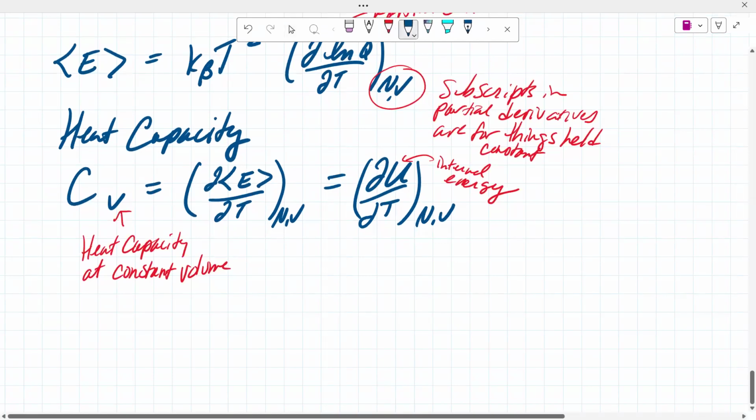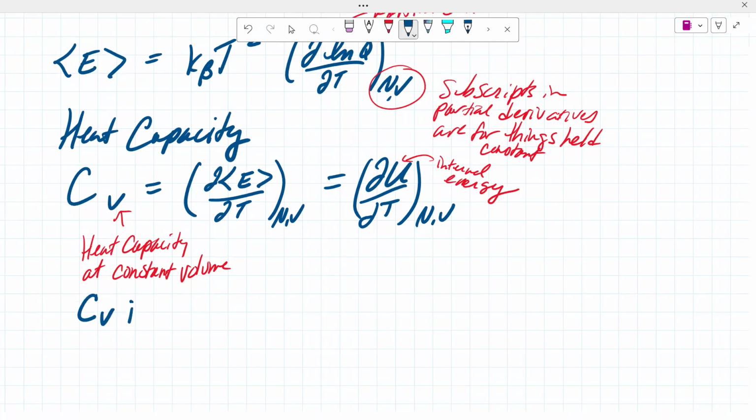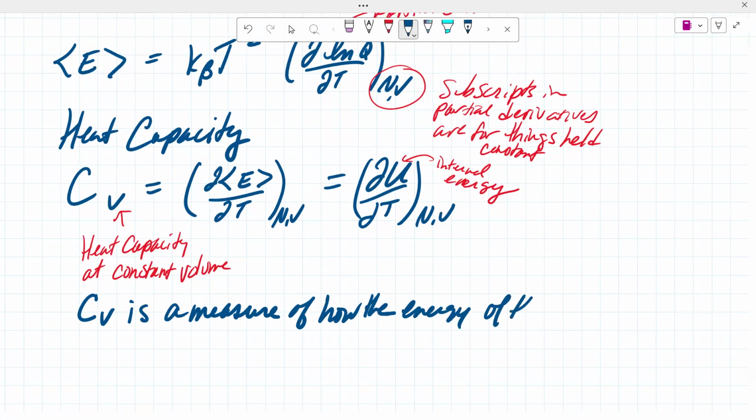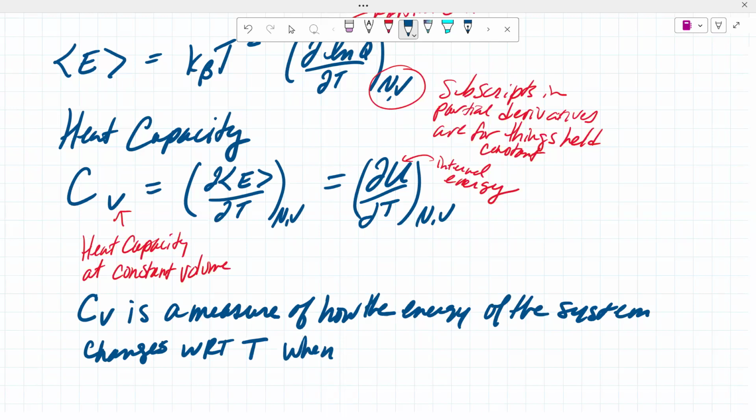Okay, so what is heat capacity? C sub V is a measure of how the energy of the system changes with respect to T when N and V are constant.